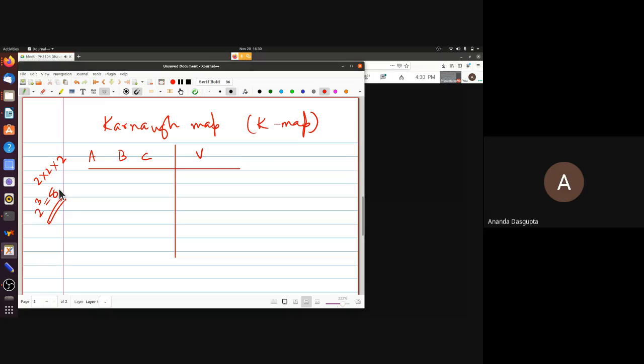By the way, how many possible Boolean functions can you have with 3 inputs? Any ideas? How many distinct Boolean functions? With n inputs. You can do it for 3, you can do it for n. First for 3, how many? N equals 3, how many functions can you have?